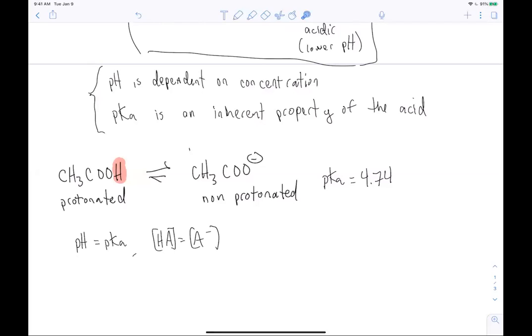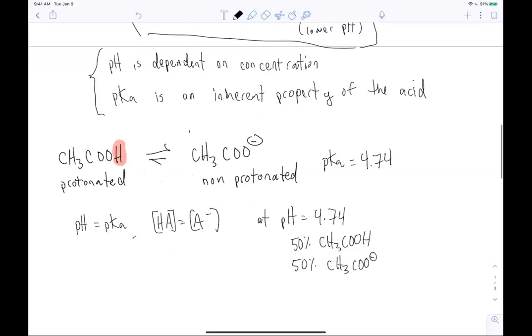This is something you can look at in a titration table and figure out. When the pH is exactly equal to the pKa, that's when HA and A minus are the same. So at a pH equal to 4.74, I expect 50% of this and 50% of this.